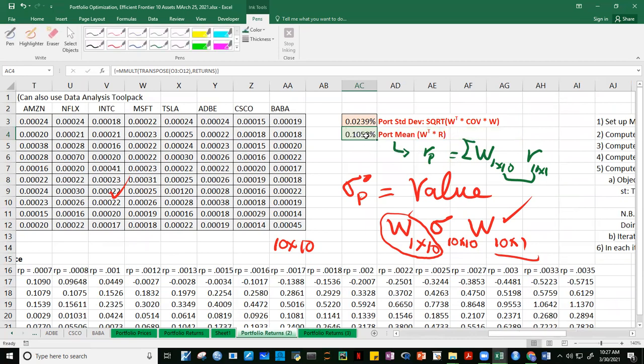Okay, so I get 0.10%. Yes, sir. Okay na? Okay na po. Okay, you got 0.0158, sir.